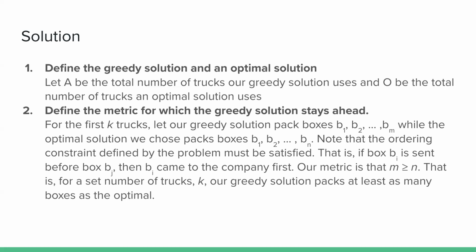Okay, so if we have boxes 1 to m, we're trying to prove that the number of trucks our greedy algorithm uses is at most the number of trucks the optimal solution uses. That's what you're trying to prove though, right? That is the entire algorithm. You want to prove that we don't use any more trucks, so you can't really use that as a reason. Okay, that kind of makes sense.